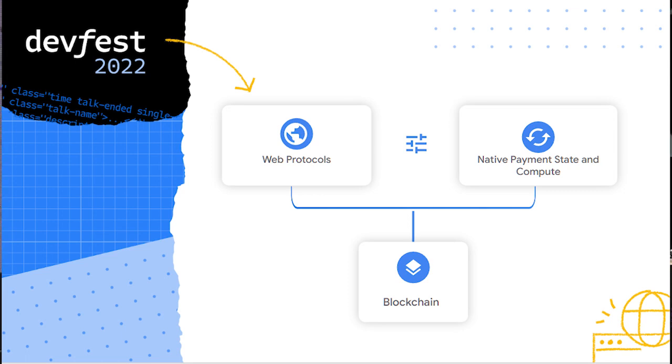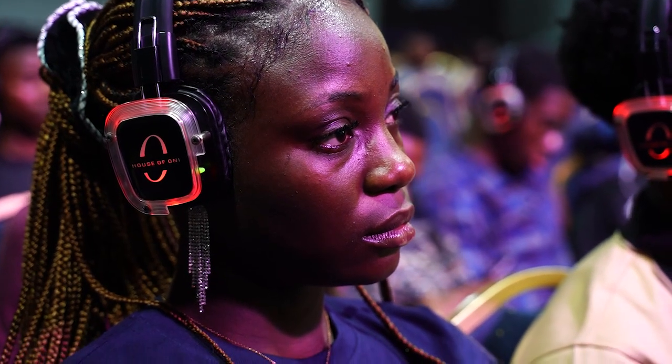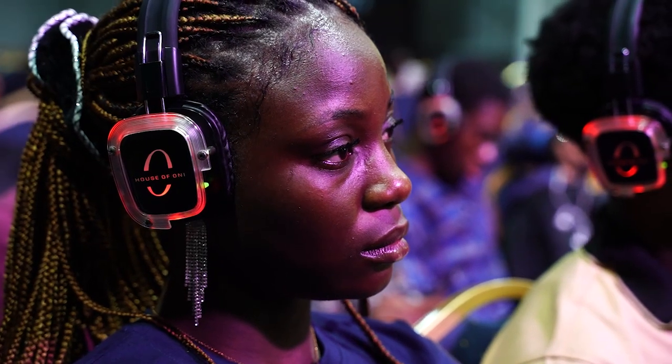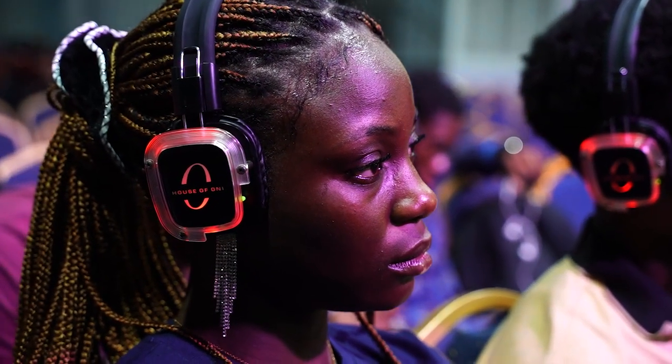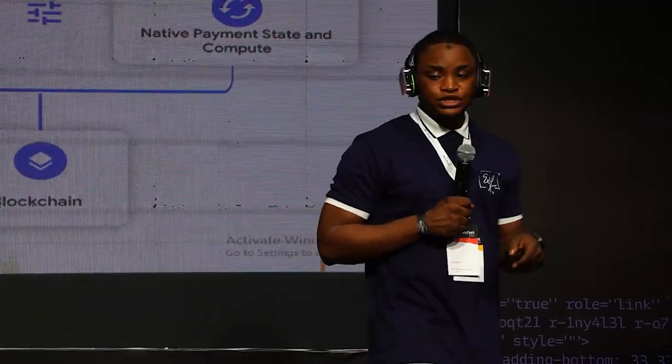Another thing to note is that the native payment system that comes with blockchain helps you eliminate the process of having a third-party API. You might be familiar with Paystack, Flutterwave, Stripe, and all of that. They are the third-party APIs that are very popular, and you can easily integrate them within your applications.